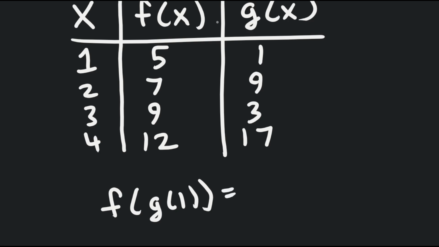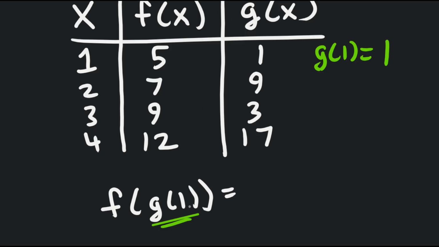Well, the first thing we're going to do is find g of 1. So what is g of 1? At x equals 1 right here, g of 1 is going to be 1, according to this table. So g of 1 is 1.